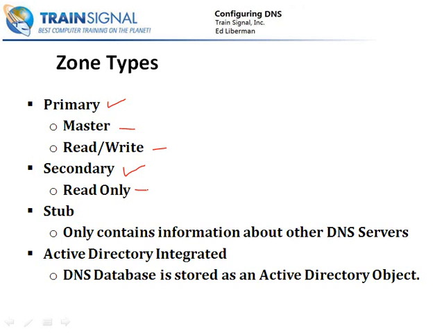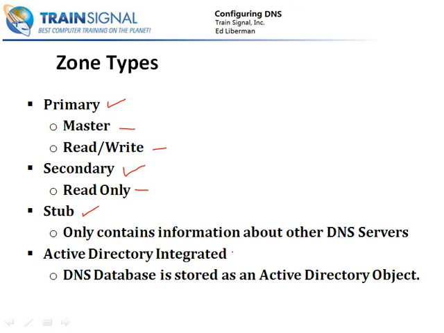updates cannot be made. Now, another type of zone that we now have is something called a stub zone. A stub zone only contains information about other DNS servers. It doesn't have a full database. A moment ago, I mentioned delegation, or delegating to other servers. We're going to talk a little bit more about those delegates and see how they relate to stub zones in a moment.